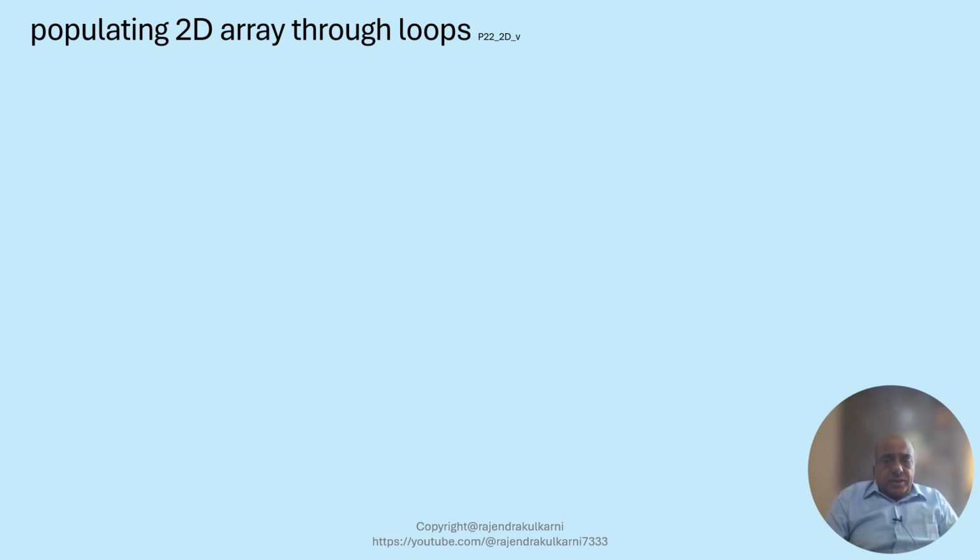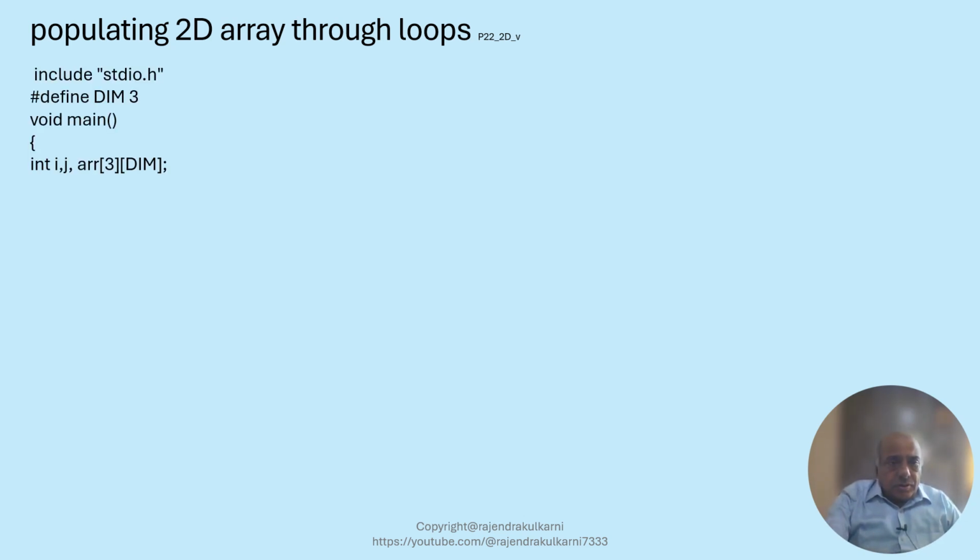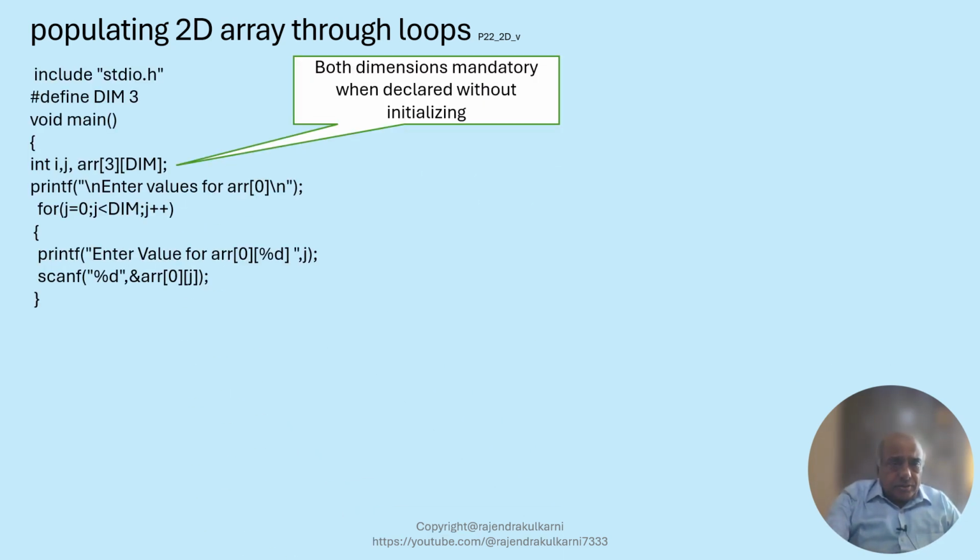Now we have declared and initialized 2D arrays up till now. Now we will see how a 2D array can be populated using a loop. So we have declared a 2D array ARR with dimensions 3 and dim, which is again 3.